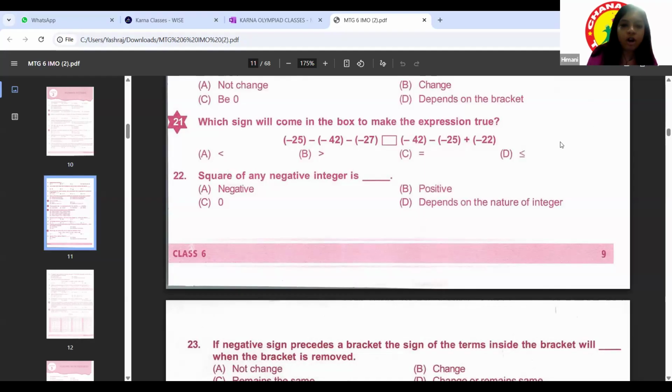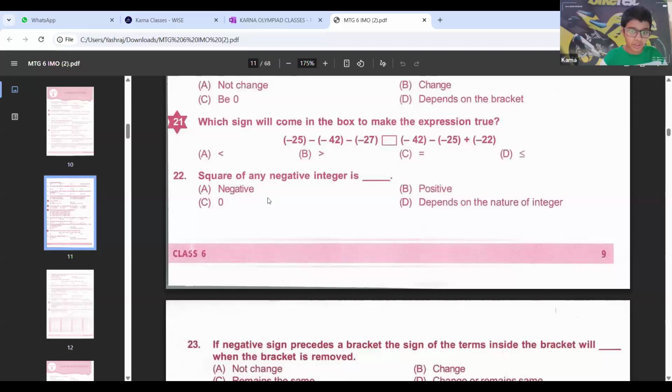Right. How did you solve? Ma'am, because for the first one you'll get positive, then for the second one you'll get a negative. Correct. Now 22. Square of any negative integer is positive.